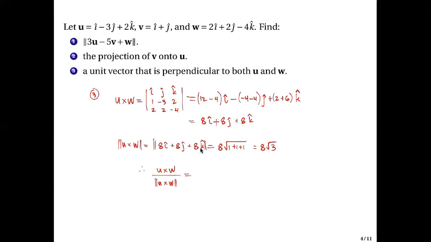So this is what? 1 over square root of 3 i hat plus 1 over square root of 3 j hat plus 1 over square root of 3 k hat. So this is the final answer. Questions?